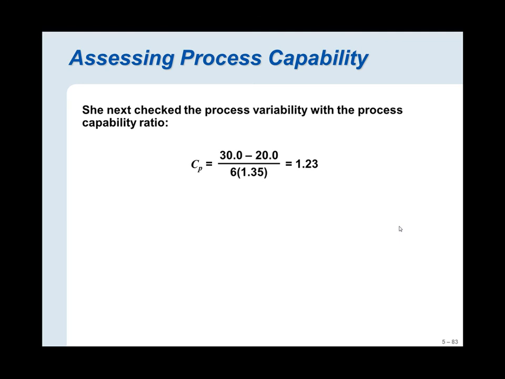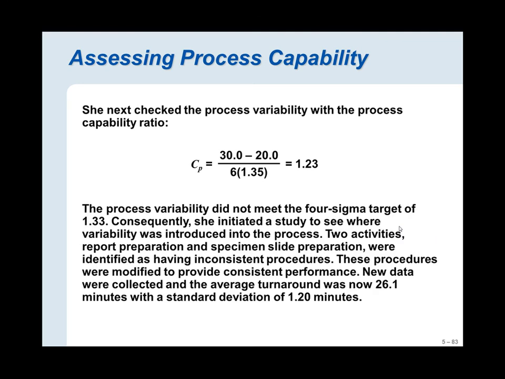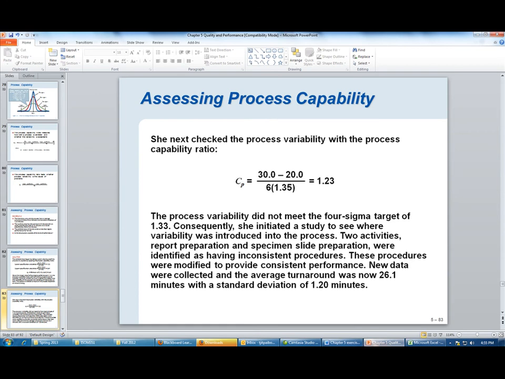Upper minus lower divided by 6 sigma is 1.23. Compared to the 4 sigma standard, the process is also not capable, meaning that the process has high variability in outcome. Okay, with that we are going to use an example.